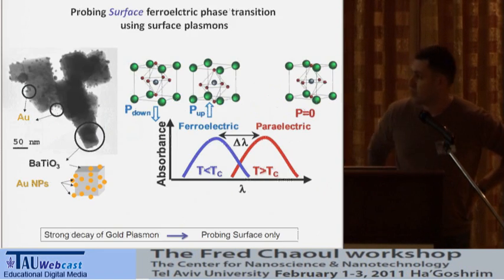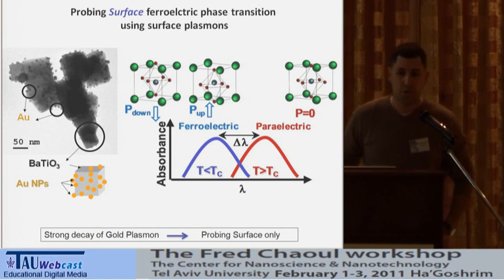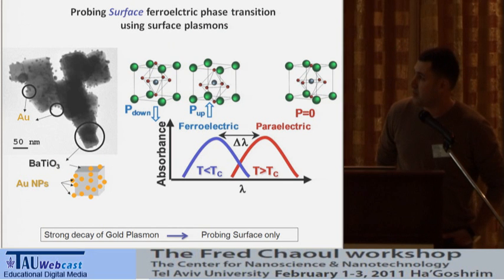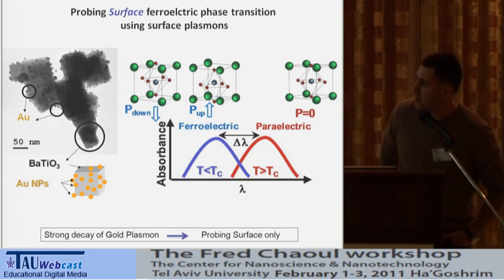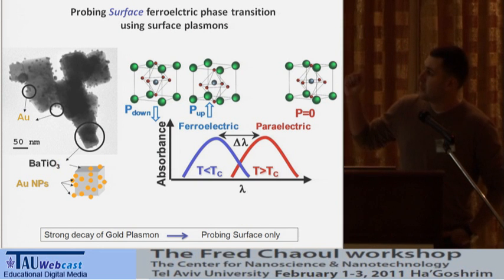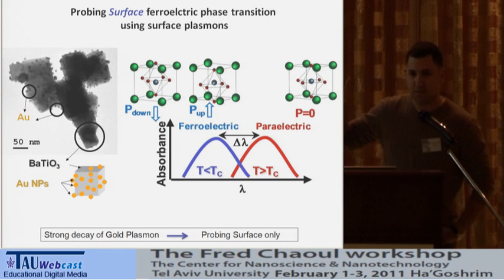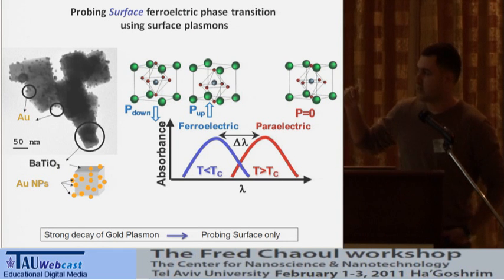So especially we try to use plasmonic nanoparticles to probe the phase transition of the barium titanate ferroelectric nanoparticles, which are attached to it. As you can see, these are barium titanate cubes with the nanoparticles attached to them, and we can probe the phase transition by probing the plasmon absorption of these nanoparticles.